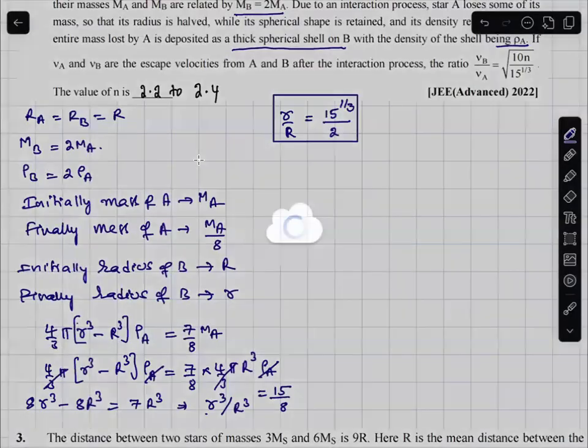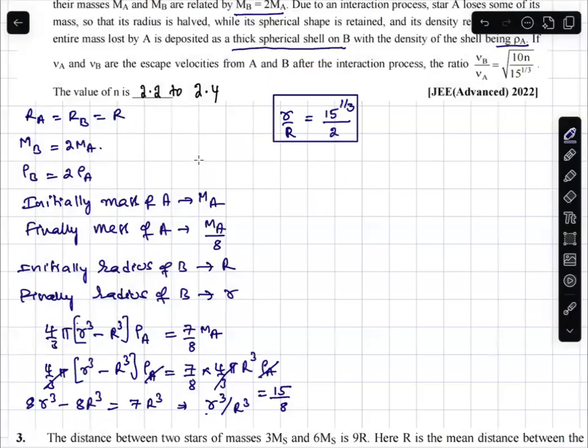Okay. Finally, all these things are okay. What do you want, basically? Now on A, escape velocity, let that be VA. We know VA is nothing but root of 2 times G times mass MA by 8 and radius R by 2. Agreed? Boys and girls.